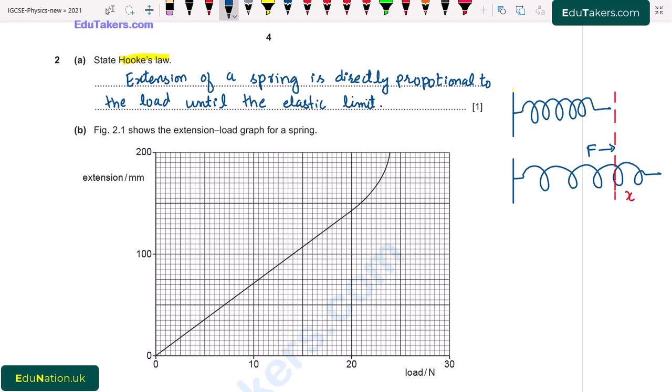Elastic limit is basically the region in which this extension is directly proportional to load. After that, the relation between them may not be direct. They may vary inversely, or they may be curved.